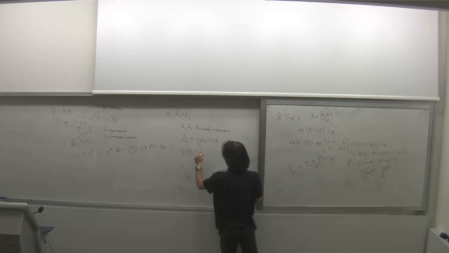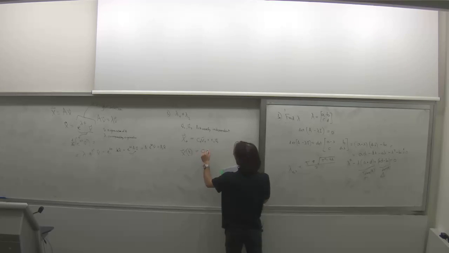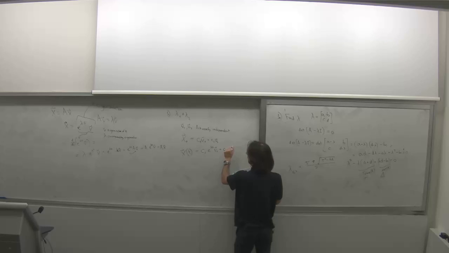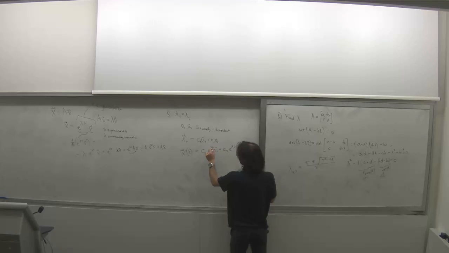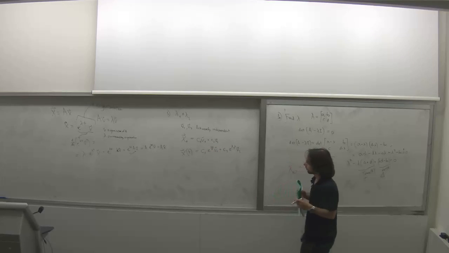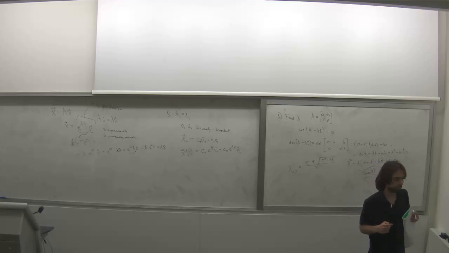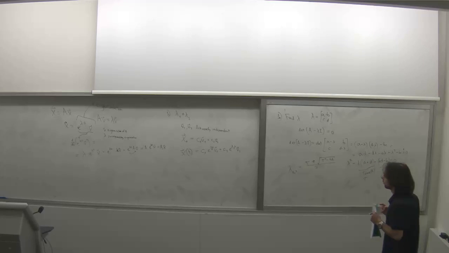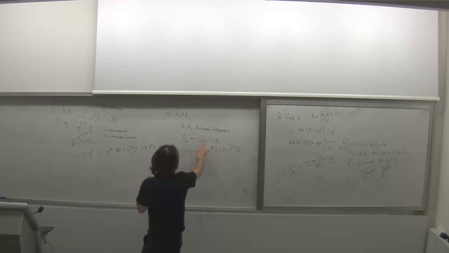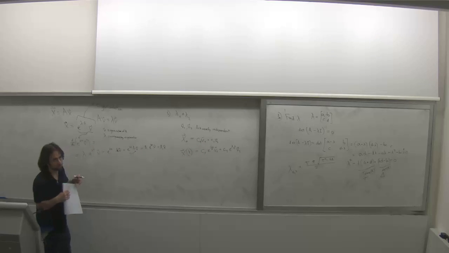So x as a function of t is equal to c1 times e to the lambda 1 t v1 plus c2 e to the lambda 2 t v2. These are eigenvectors of the system. Okay?